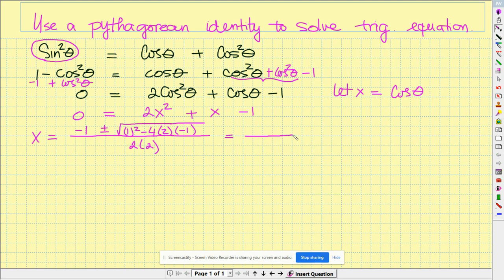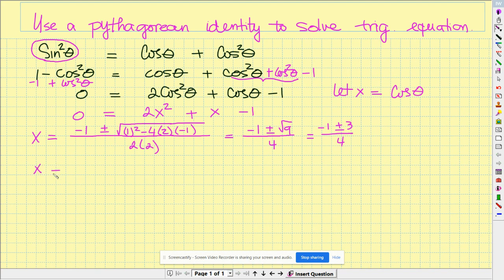And simplify the square root, so that gives us -1 plus or minus the square root of 9, divided by 4, and continue to simplify the numerator, so plus or minus 3 divided by 4. So that will give us two answers.